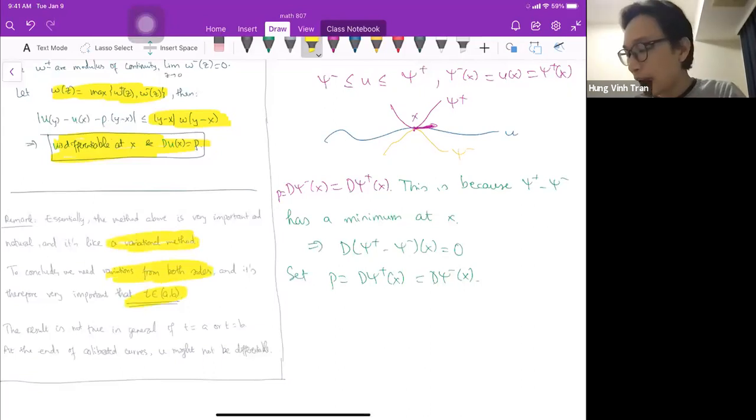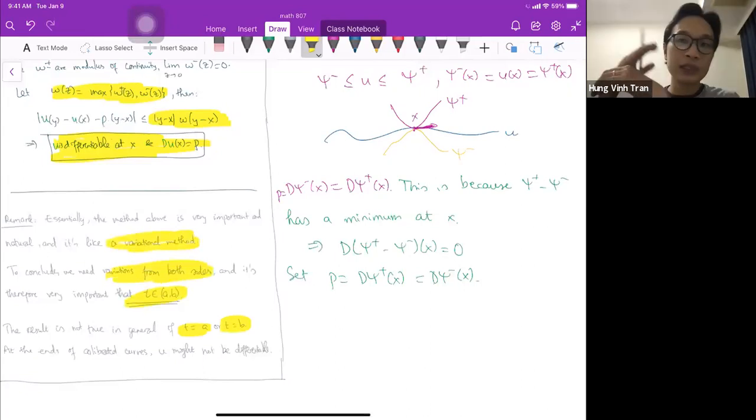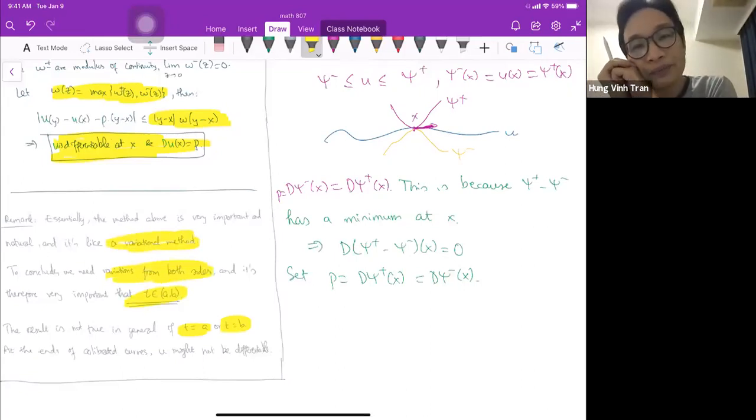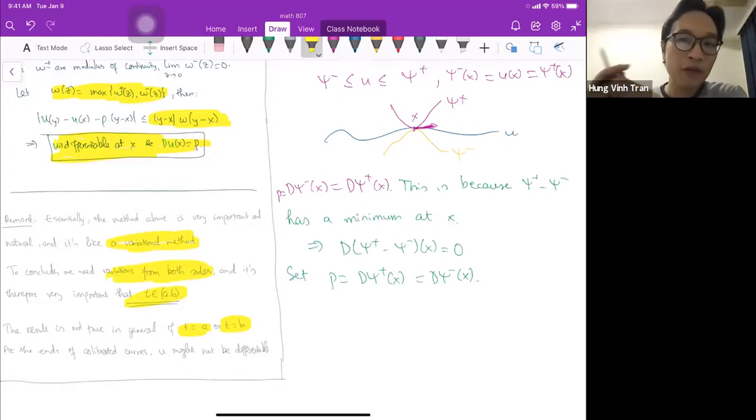If I only have one side, so if t is equal to a or t is equal to b, then sure, I can still decide something. You know, something that is touching you either from above or below, but that is not enough to conclude that your function is differentiable, right?